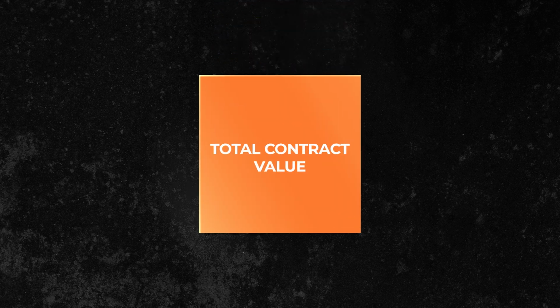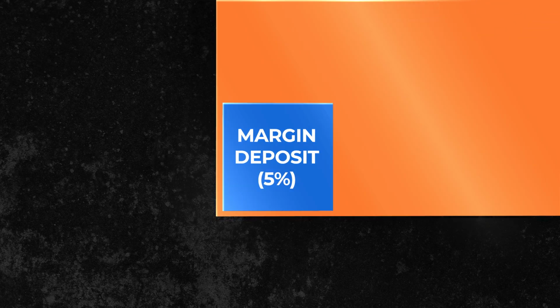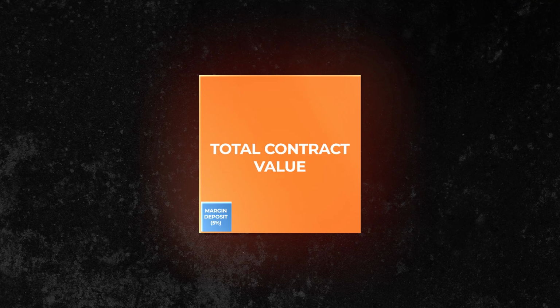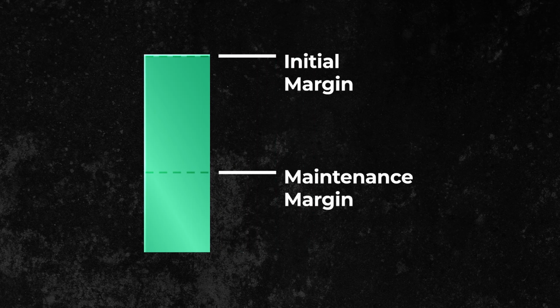Let's start with the basics. A futures margin is a deposit you put up to control a futures contract. It's not a down payment like you'd see in stock investing. Instead, it's a performance bond designed to help cover potential losses. There are two key types of margin in futures trading.